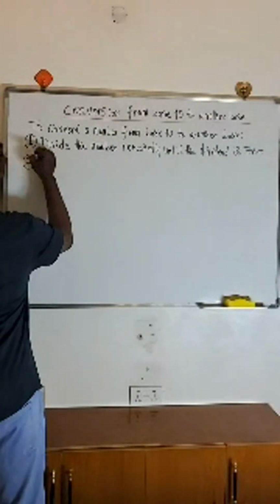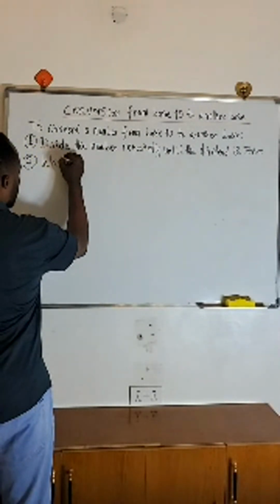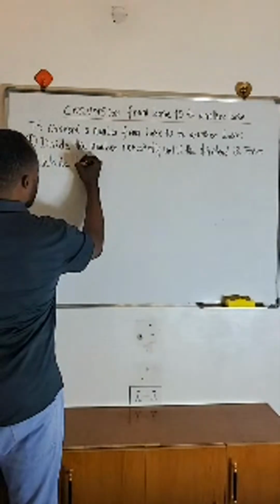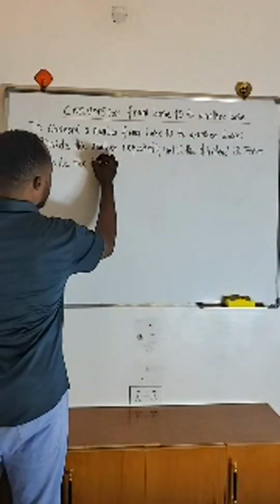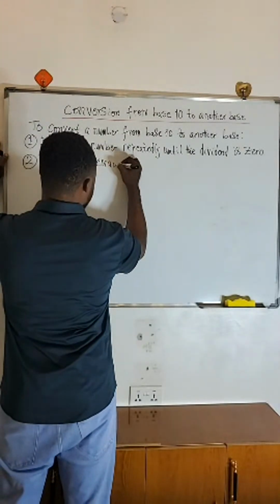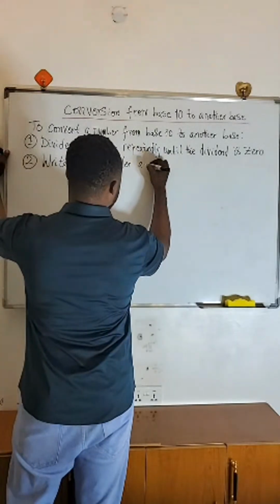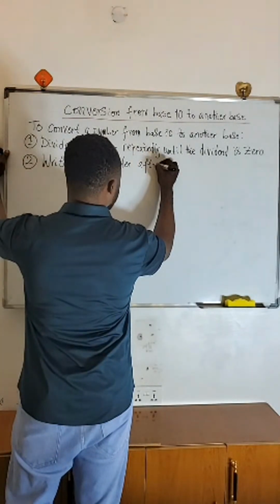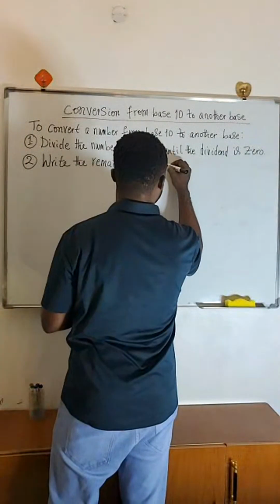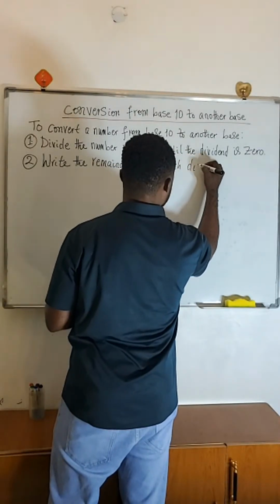And then two, write the remainder after each division.